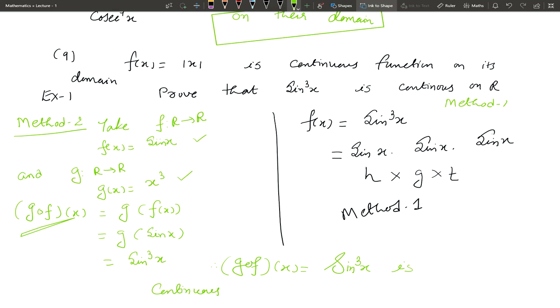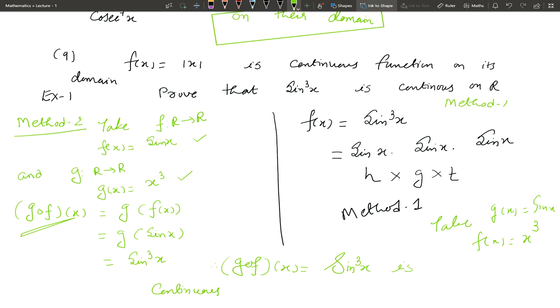So here you note that there is no need to take any tension. If you are not getting g of f of x equal to sin cube x, you can change your function. Take g of x equal to sin x and f of x equal to x cube, and try whether you are getting f of g of x equal to sin cube x or g of f of x equal to sin cube x.